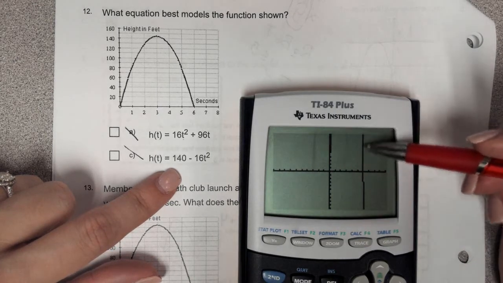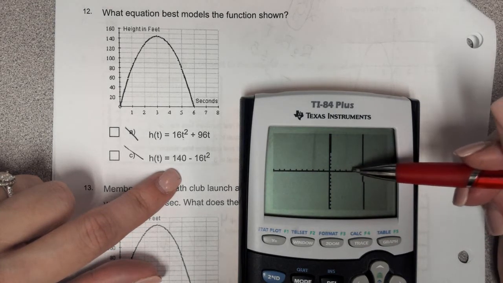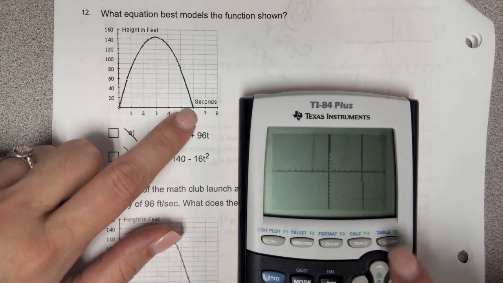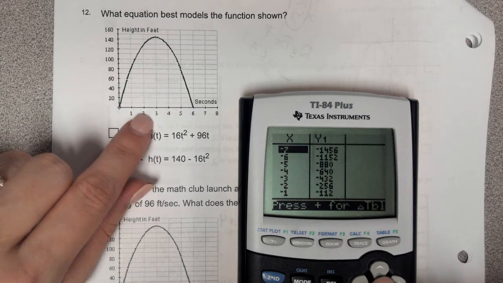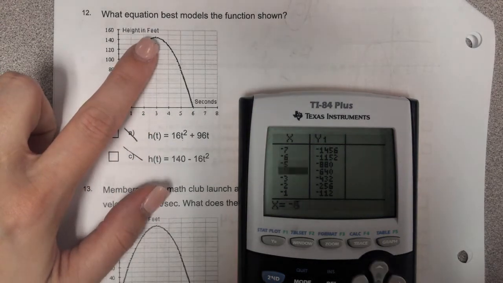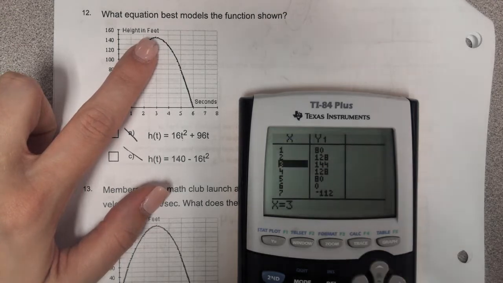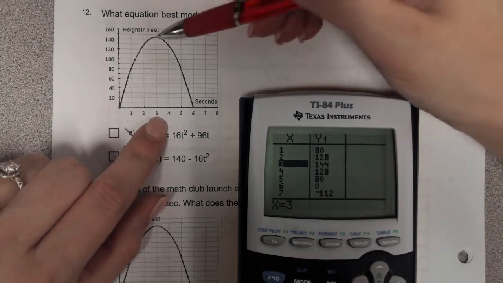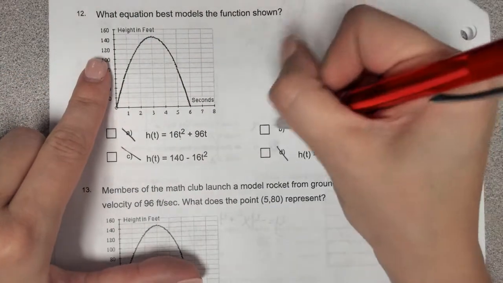Looks really steep right there, and then it's hitting at 1, 2, 3, 4, 5, 6. Ah, that's about right. If I wanted to look at my table to confirm, the highest point should be at 3, and I can't see exactly where it is. Look, here's some pairs. The highest point is at 3, 144. Yep, that looks about right.